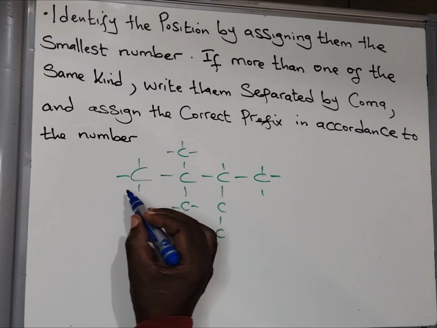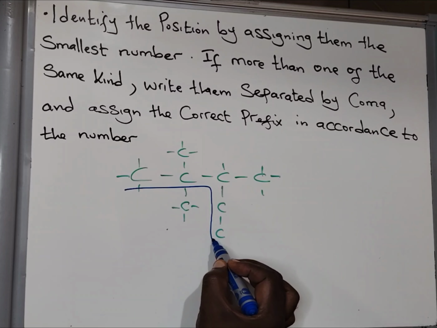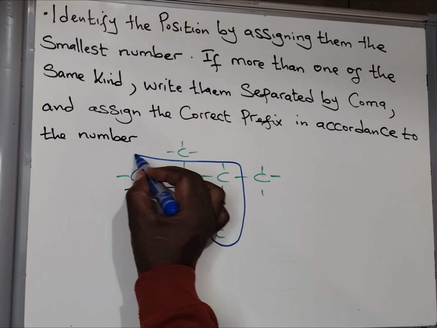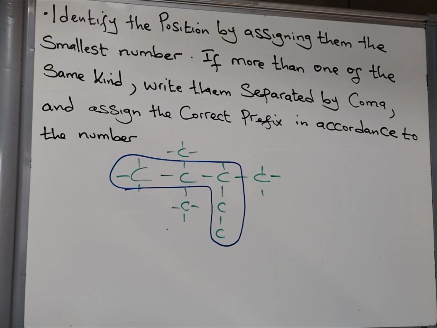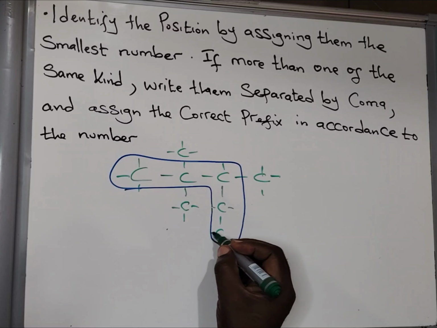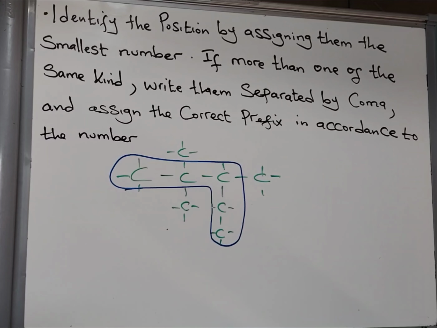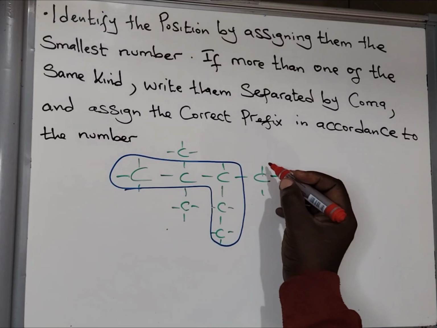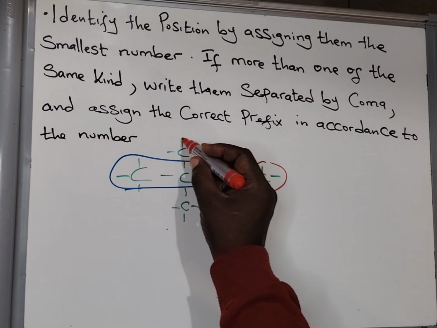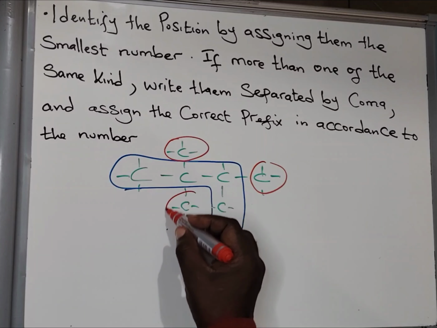So you have your longest chain demarcated. If it's demarcated, the meaning is that whatever is not part of the chain is a branch. You have a branch here, a branch here, and a branch here.